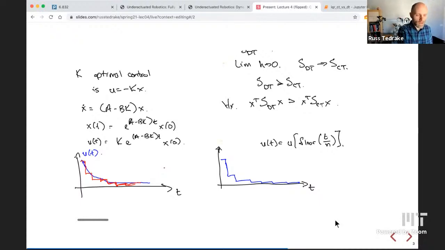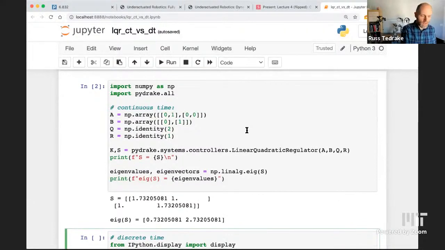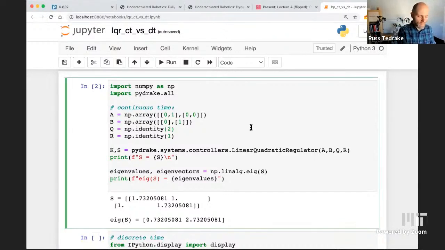If you come back to my screen share on Zoom for a second, I'll just show you that this is true numerically. It's easy to see, but I think compelling to see that the numerics match the math. This is a very simple typing in of those equations. I've made my A and B matrices, I've made my Q and R matrices.